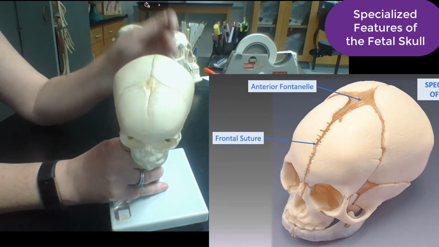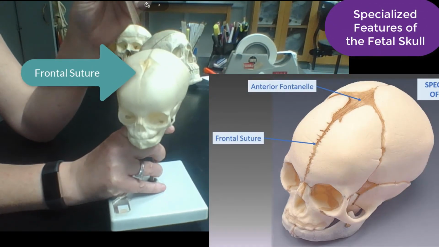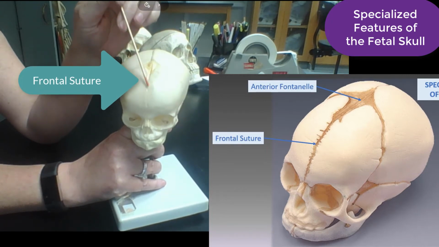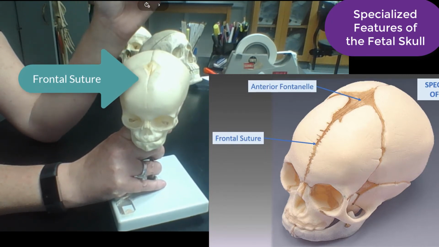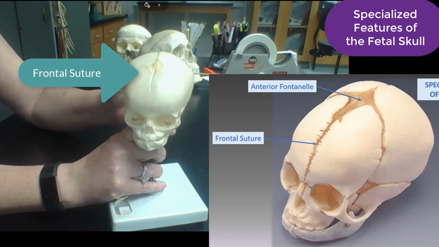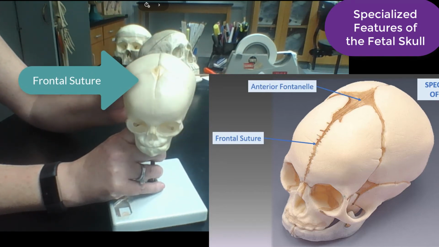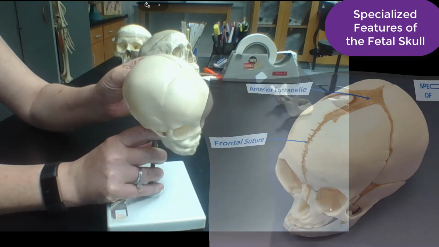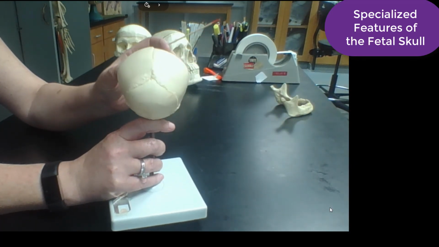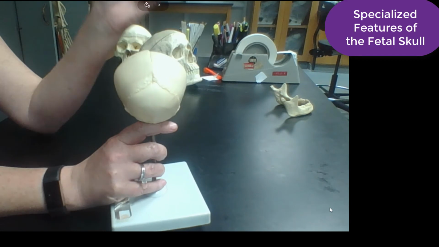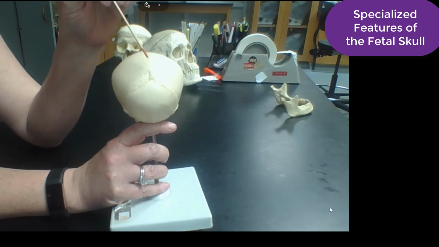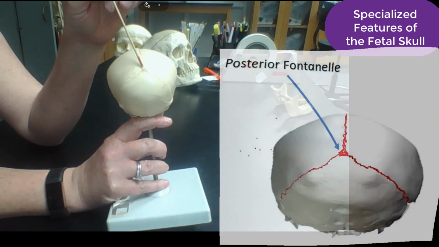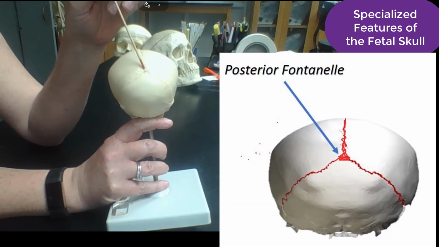Now you also have this front area, which is the frontal suture. This is the frontal suture. Now, if I were to turn this around, we also have another soft spot that is less pronounced, but the bones are not fused yet here either.